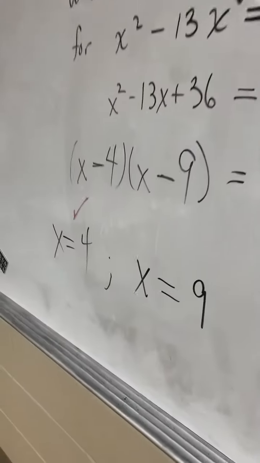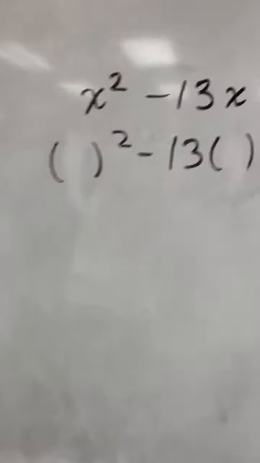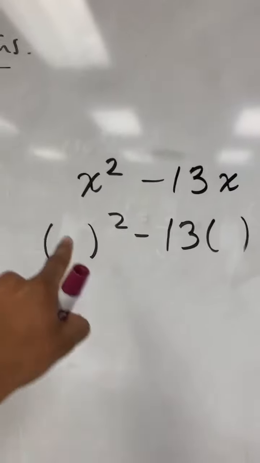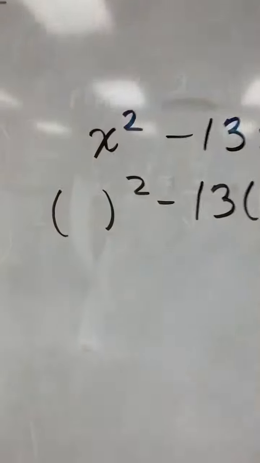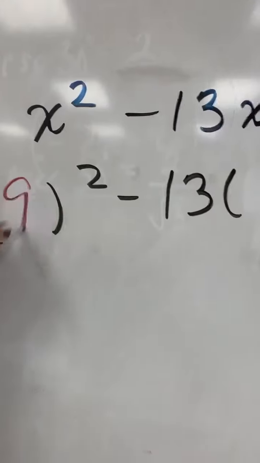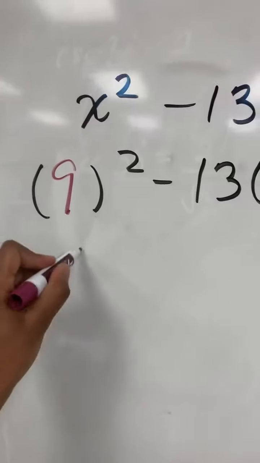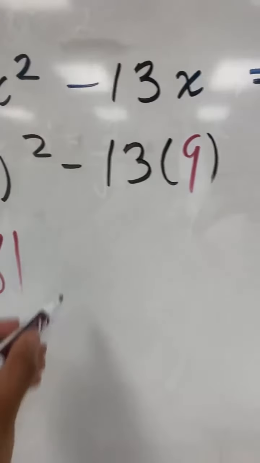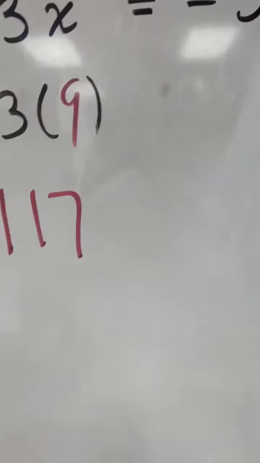All right, so since I verified my first solution, now I can look at my second one. That's a 9. So I have my original problem. I have my blank parentheses to replace my x values. And this time my x value is going to be replaced with a 9. So that gives me an 81. This gives me a minus 117.